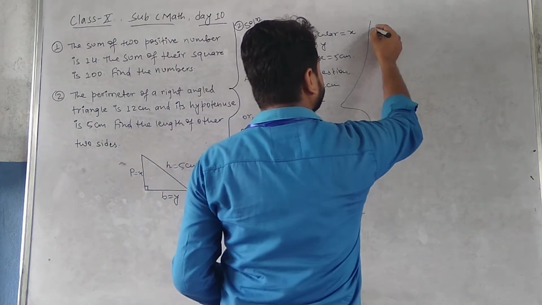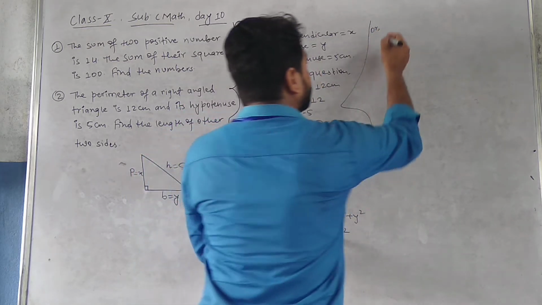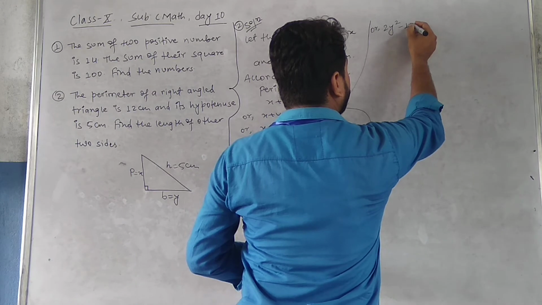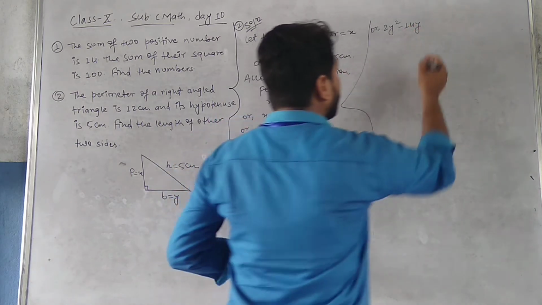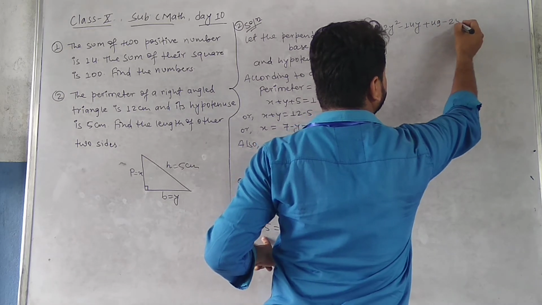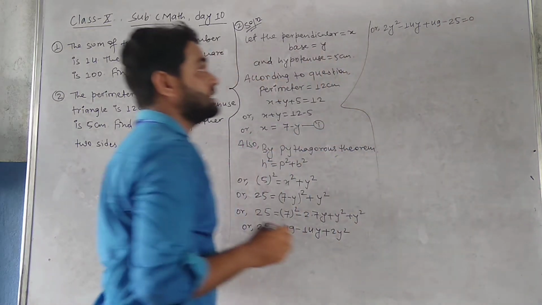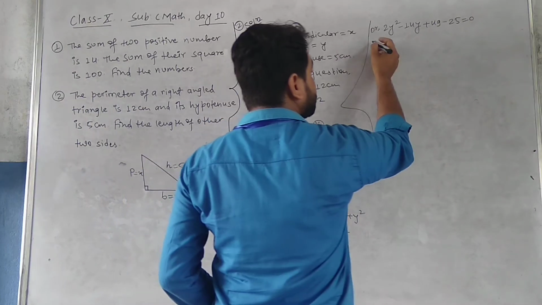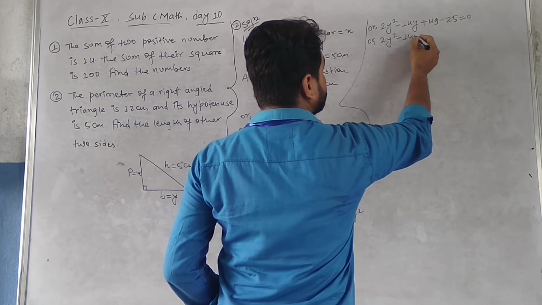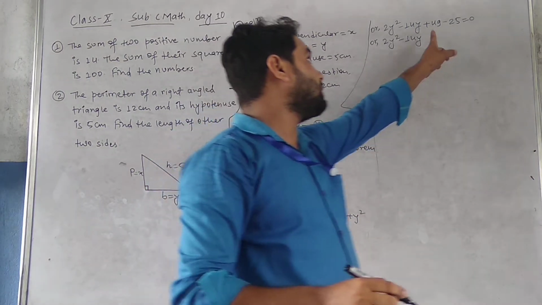So we get 2y square minus 14y plus 49 minus 25 equals 0.